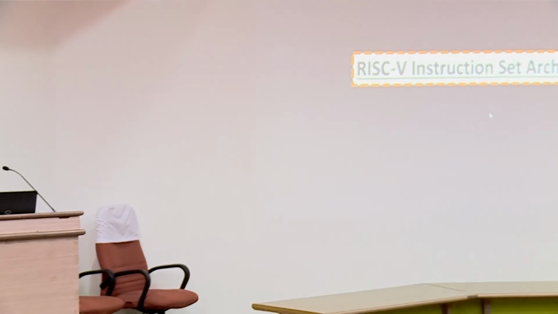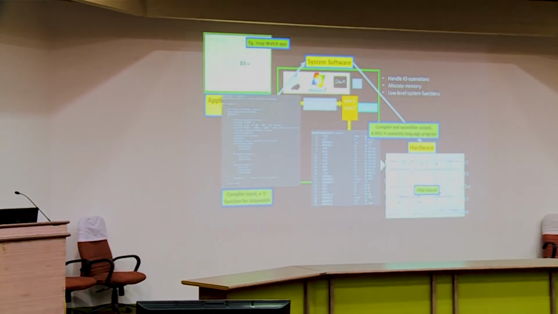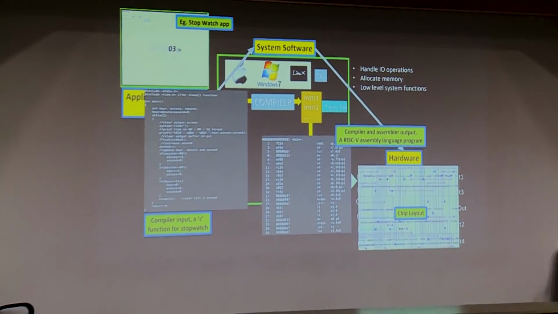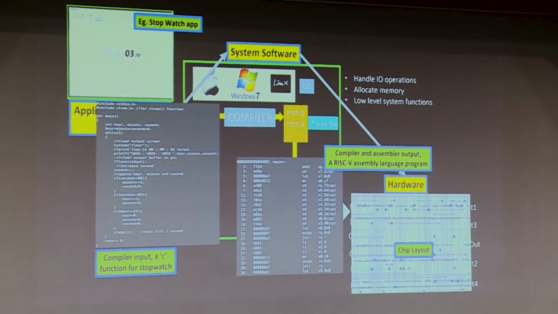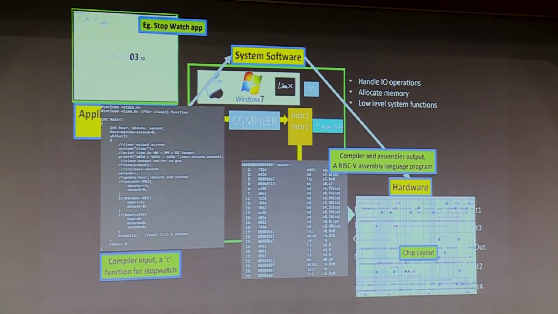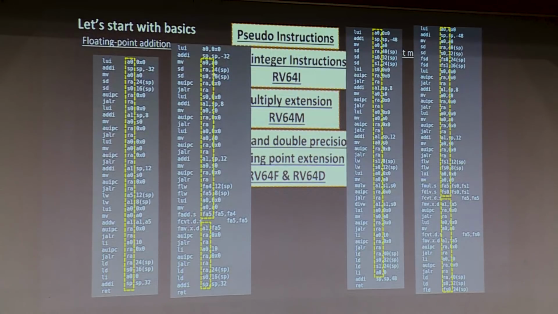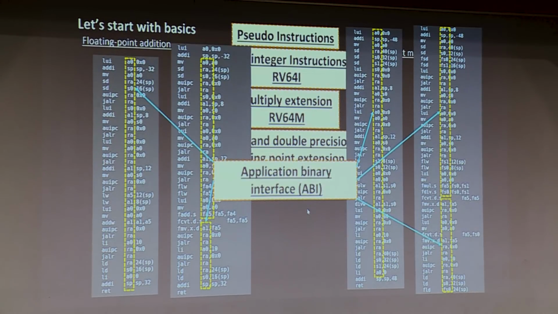Hello everyone, my name is Kunal Ghosh and welcome to my new course on RISC-V instruction set architecture. This particular binary numbers enter into your chip or enter into your chip layout, and accordingly the functions are getting performed over here, and you will see the stopwatch behaving in the way it is expected to behave. So this interface are being called as the application binary interface, ABI, and this is a very important system call function that is present over here.